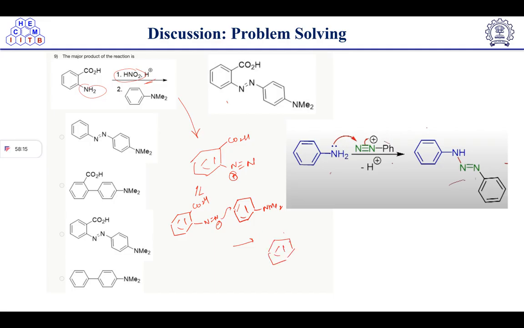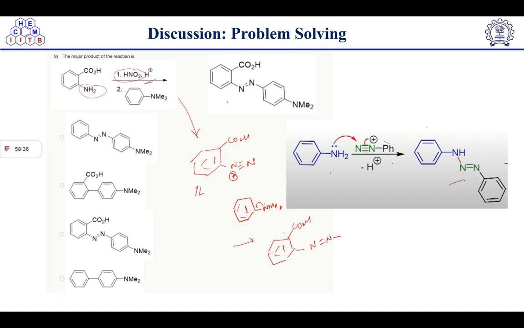Correct? Go to H and here it is in conjugation, correct?